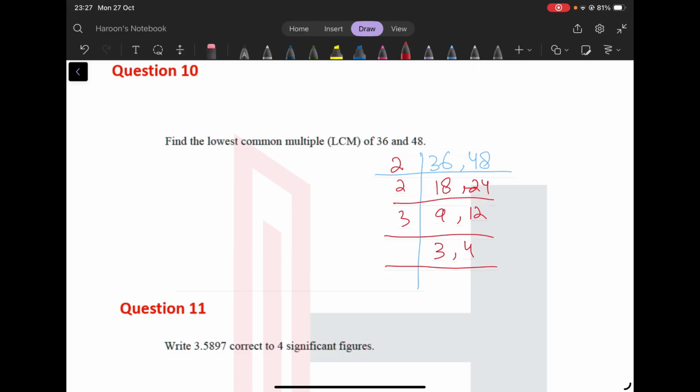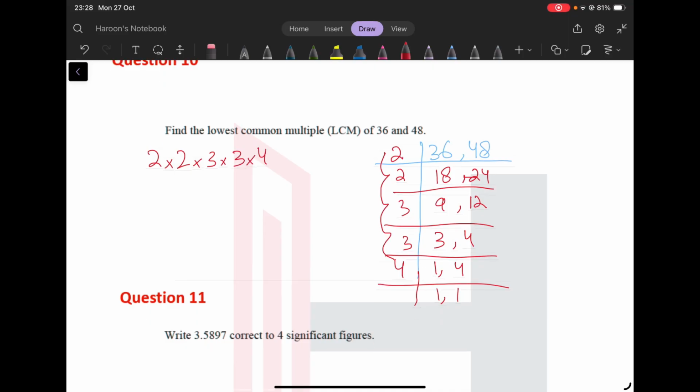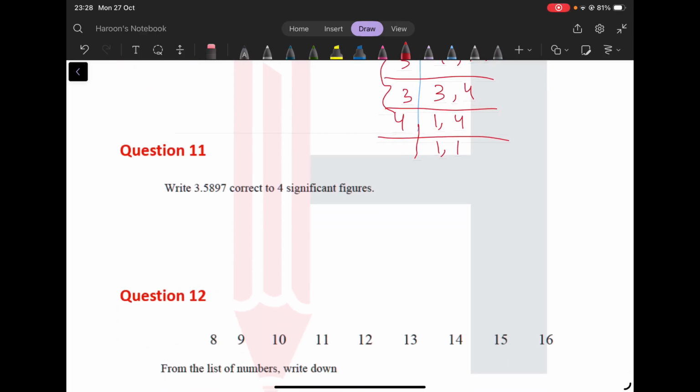I have to continue for LCM. 3, this becomes 1, and I'll just directly take 4, or you can take 2 and 2 as well. Either way, you get the same answer. So now I just need to multiply all these numbers which are on this side. So 2 times 2 times 3 times 3 times 4. When we multiply all these, I think we get 144. This should be the answer.